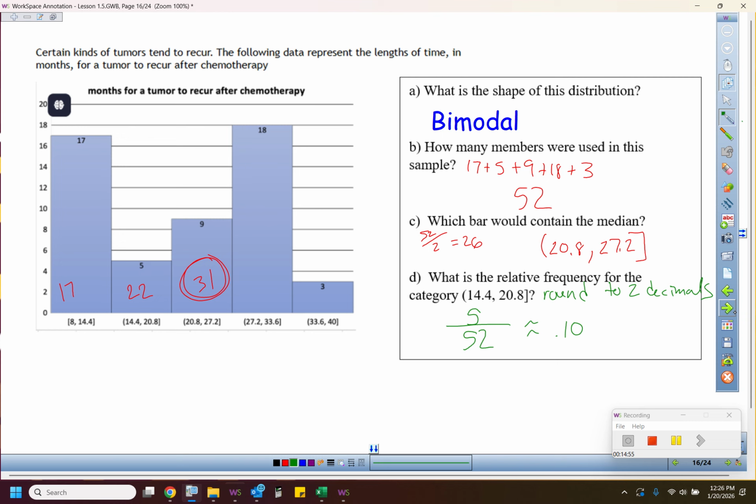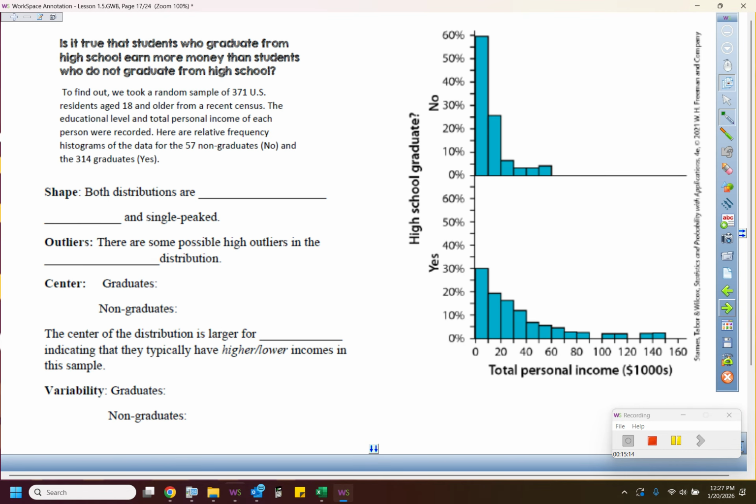If they wanted it as a percent, you would call that 10%, right? You would move it 2 places to the right. But relative frequency, leave it as a decimal, and percent, move the decimal. Questions on that?